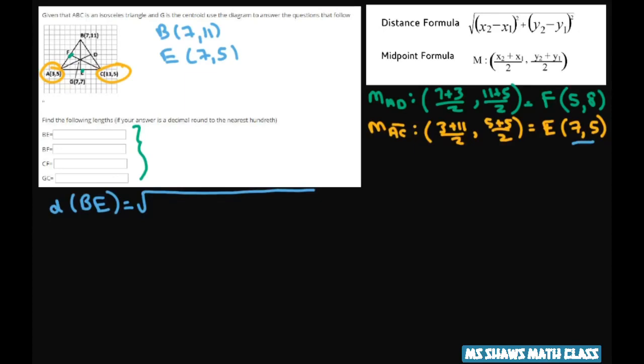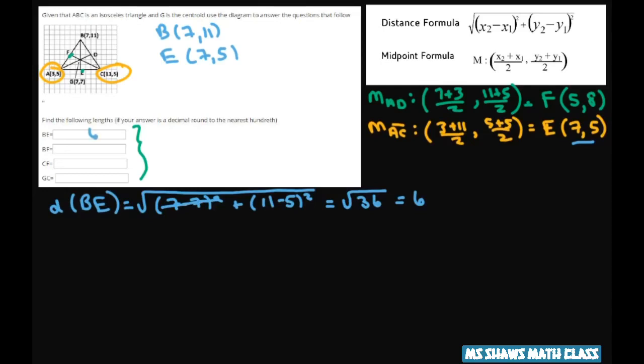All right, so use your distance formula, and you subtract your x's, go in order, subtract your y's. So this is going to give you 0 there. 11 minus 5 is 6, so 6 squared is 36, so that equals 6.